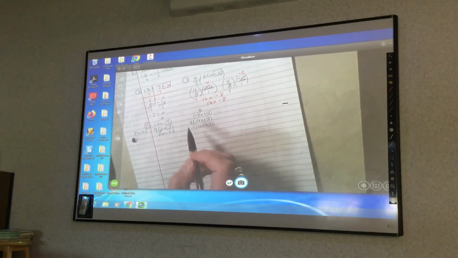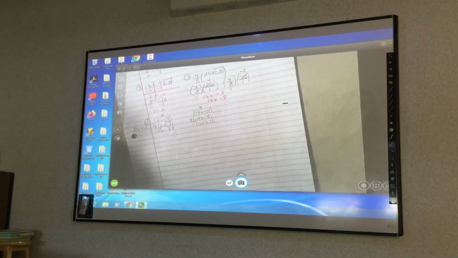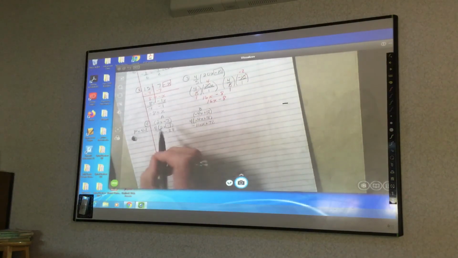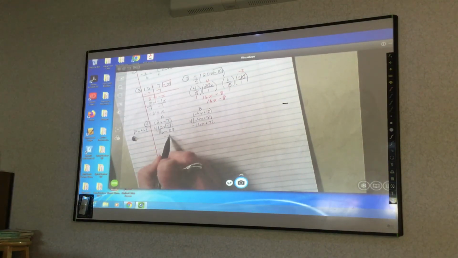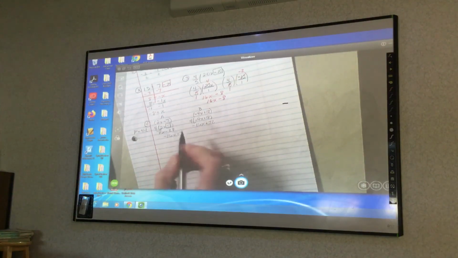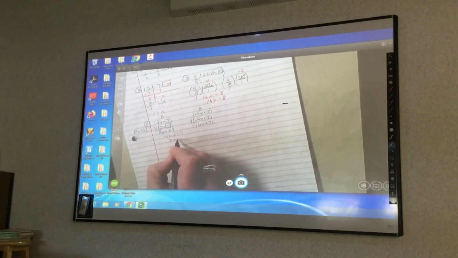So now it asked me, how much bigger is square B than square A? So what you have to do is you take square B, a negative 16x plus 72, minus 8x minus 28.